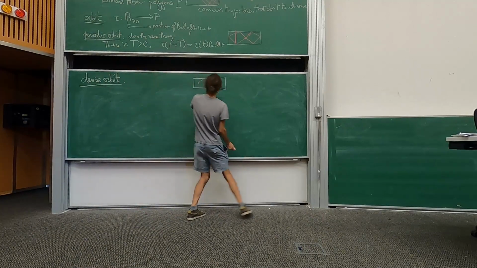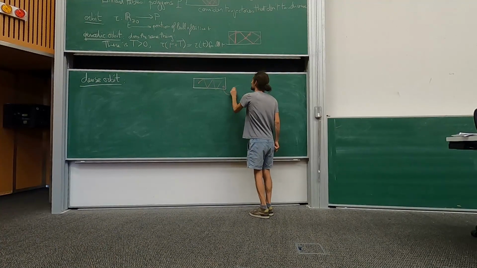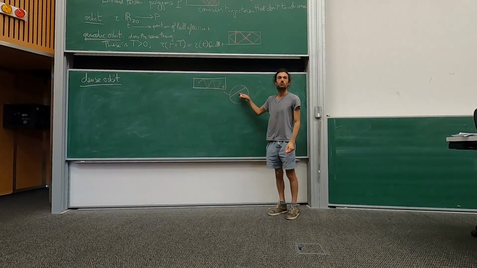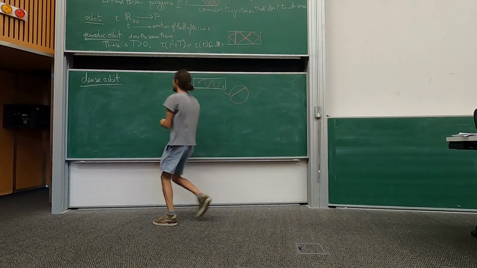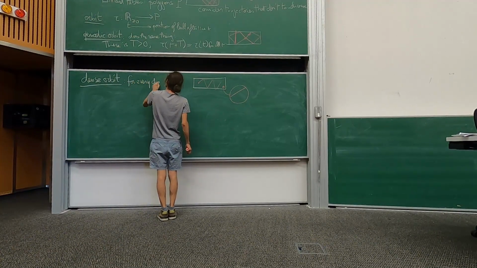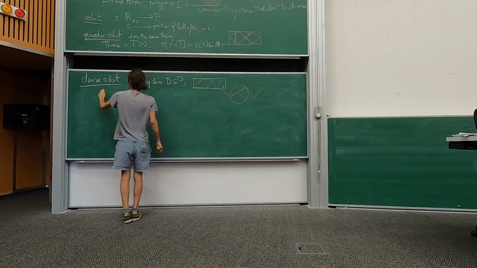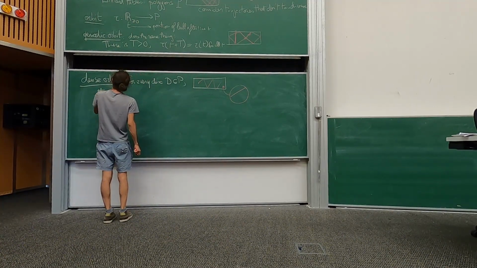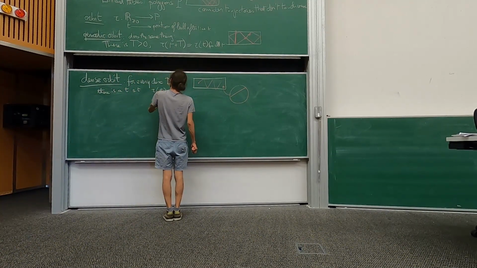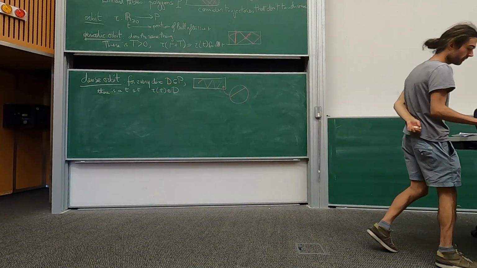More formally, it means that if I look at a small disk here, the trajectory will eventually enter this disk. If I zoom here, the trajectory will enter. It's for every disk D in P, there is a t such that tau of t is in D.